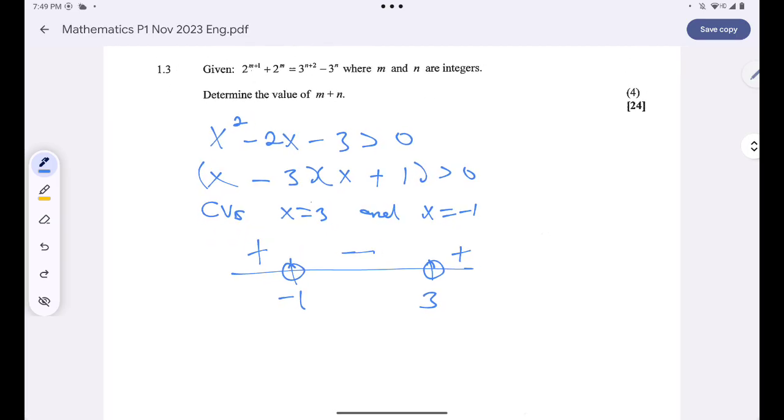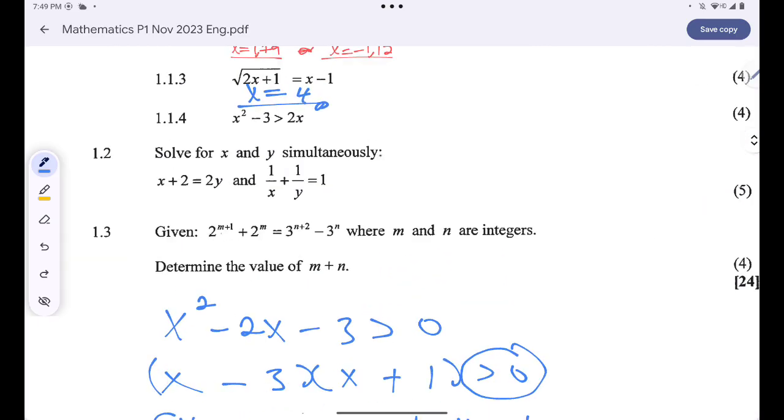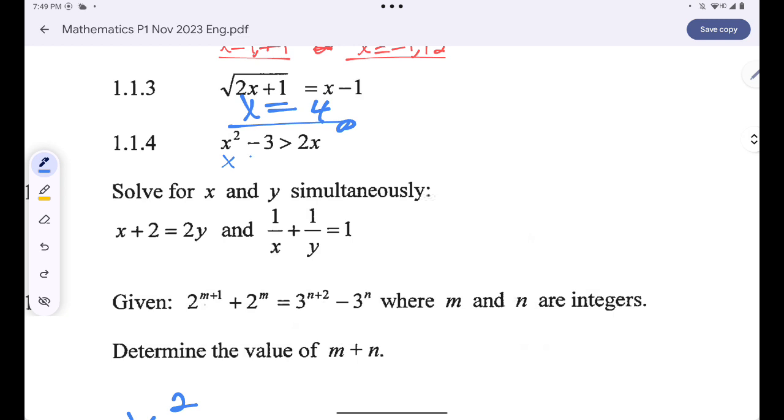So I'm just looking for a plus on my number line because I want the values of x that will give me a positive thing. So I'll simply say x is less than negative 1 or x is greater than 3. So those are my solutions.